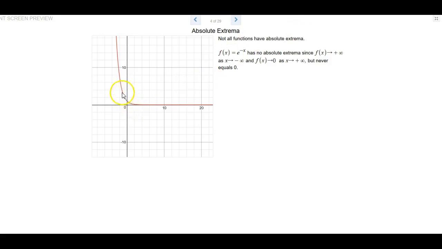We know that as x goes to negative infinity, this goes up to infinity, so there's no maximum value there. And as x goes to positive infinity, y goes to the horizontal asymptote at y equals 0, but it never reaches it. So that may be its limit as x goes to positive infinity, but it does not have an absolute minimum.